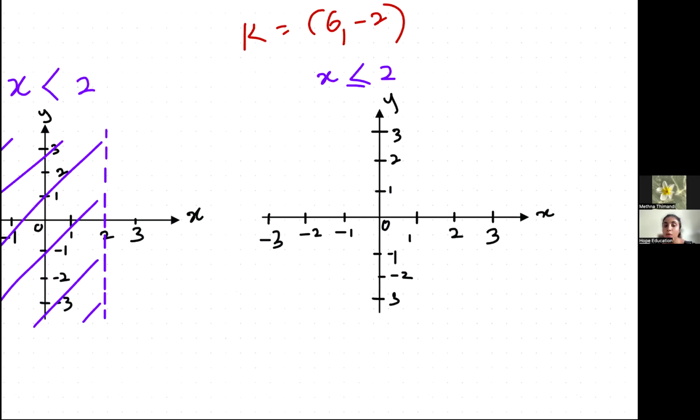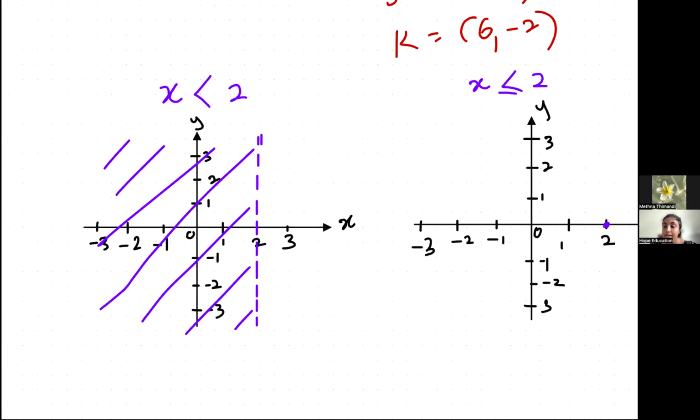Before thinking about x is less than or equal to 2, I first look at where x equals 2 is. To find the x value, you have to look at the x axis. On the x axis, 2 is this point. Now this is a Cartesian plane, so first I have to draw a line through 2. Before, I drew a dash line.